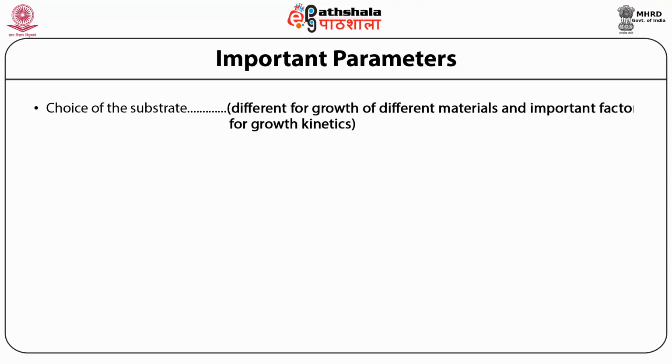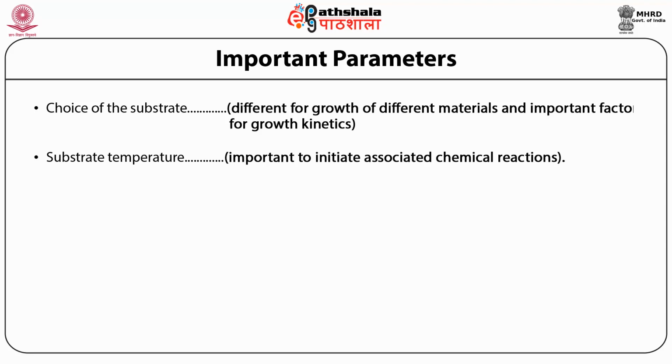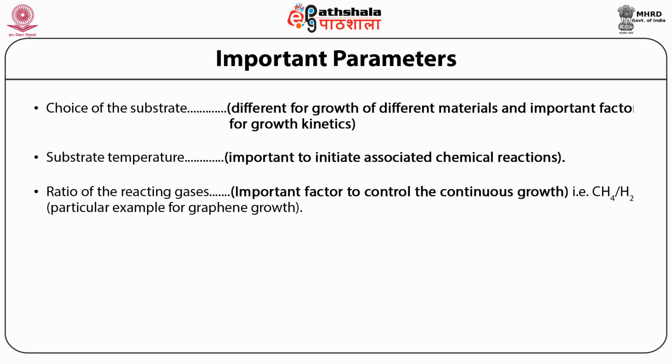Second is the substrate temperature, which is important to initiate the associated chemical reactions. Third is the ratio of reacting gases. It is an important factor to control continuous growth, that is, CH4/H2 is a particular example for graphene growth.